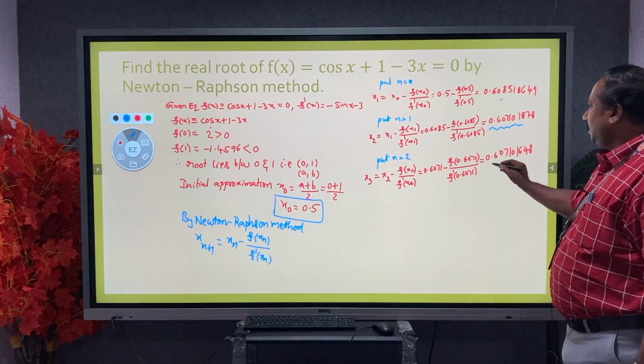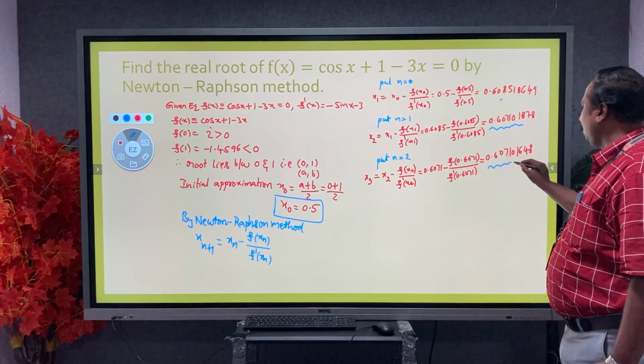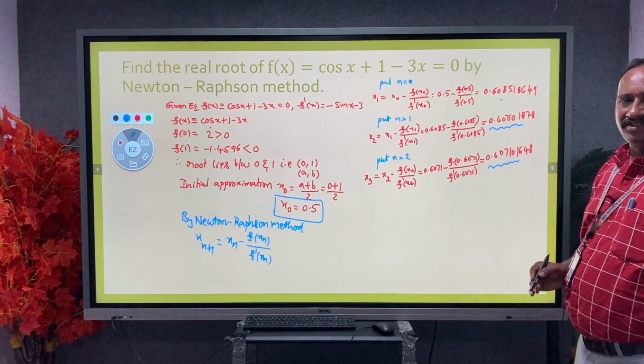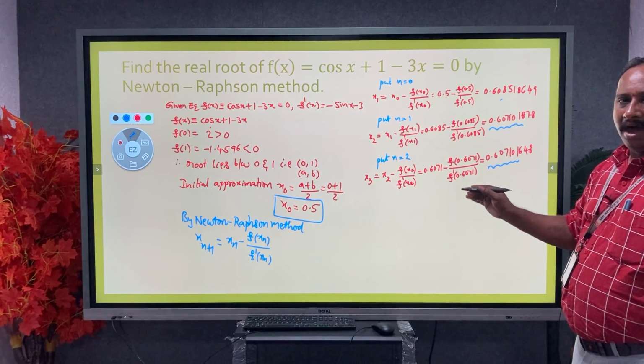So when we observe x2 and x3, the x2 value is 0.607101 and the x3 value is 0.607101. So up to 6 decimal places both x2 and x3 are equal.